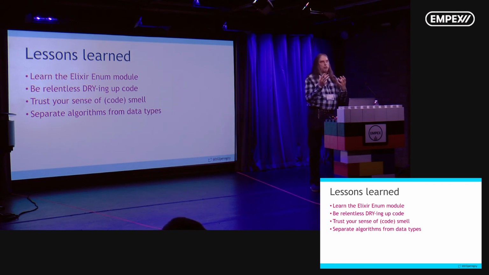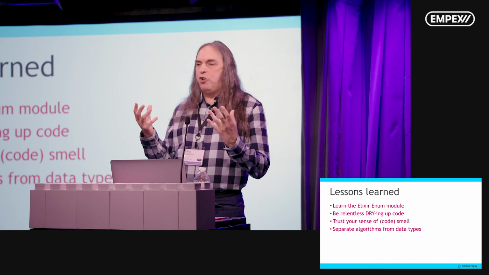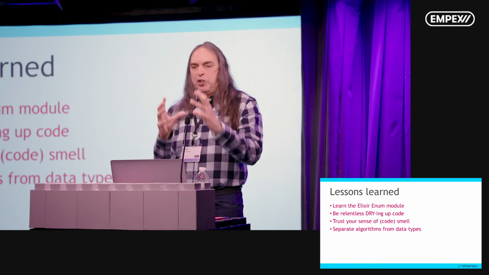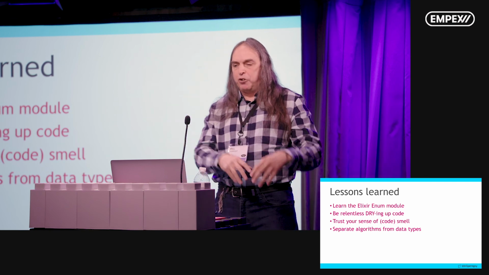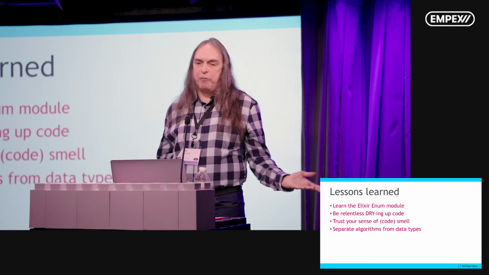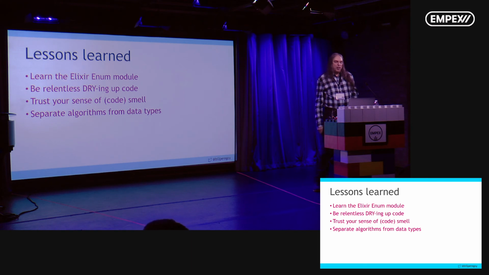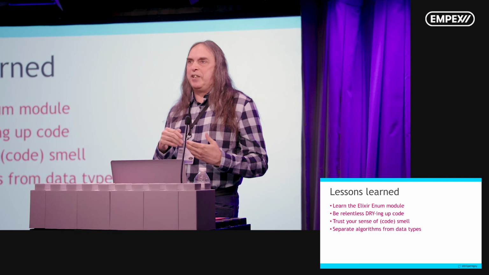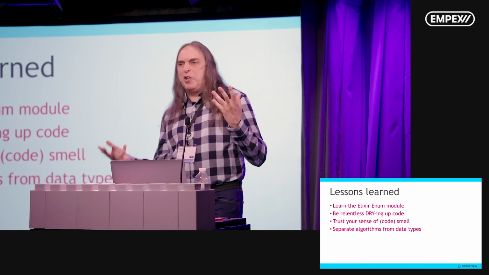If you find code that's repeated, think about what's common between those two areas you're repeating the code in, and where you can maybe use a higher order function to encapsulate some of that knowledge so you can have the algorithm separate from the data. And then finally, trust your sense of code smell. If you're looking at something and it doesn't look like what you expect Elixir code to look like, or it doesn't feel functional, or it feels like you're writing C code in Elixir, there's probably a smell there.